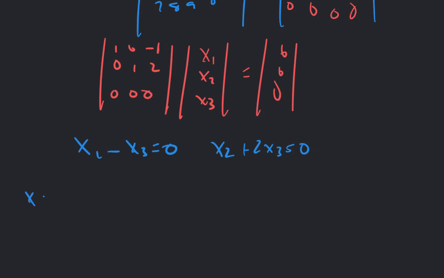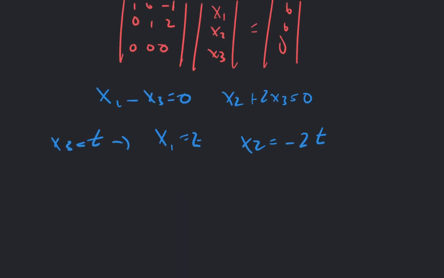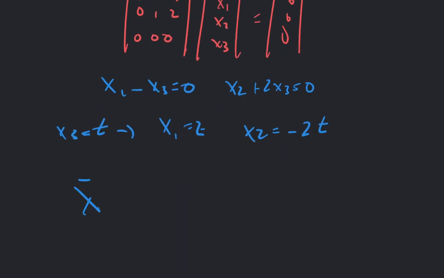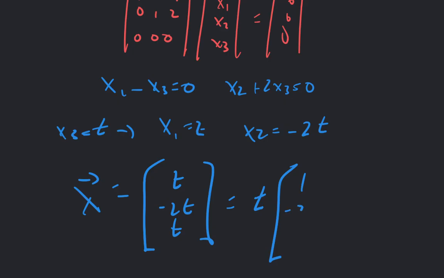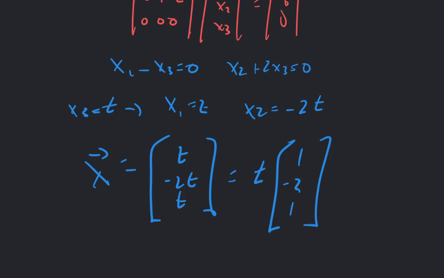If we say x3 is equal to t, then x1 is equal to t, x2 is equal to minus 2t, then our vector x would be equal to t, minus 2t, t, or 1, negative 2, 1 as a vector.